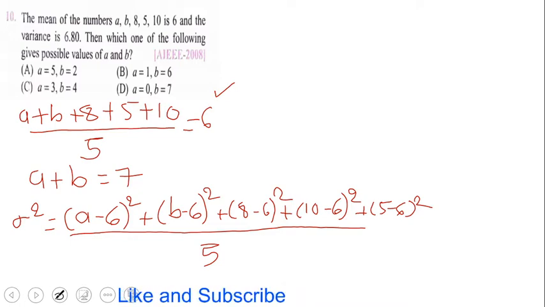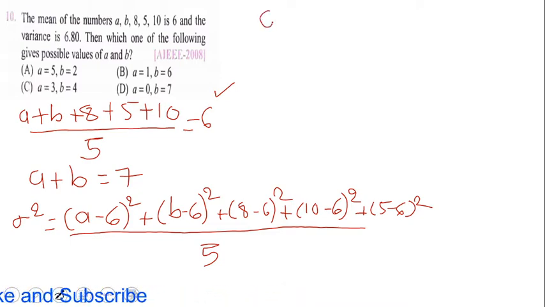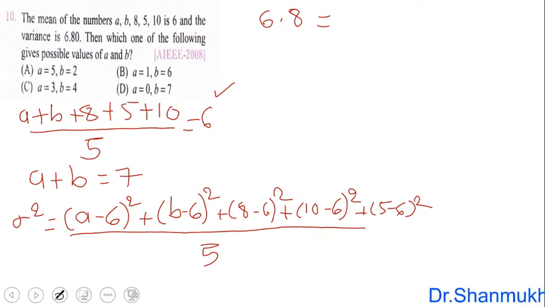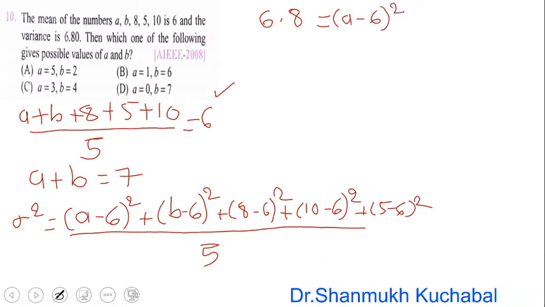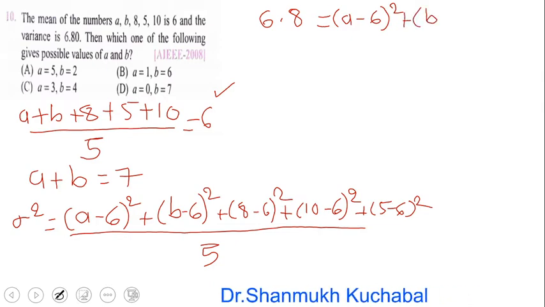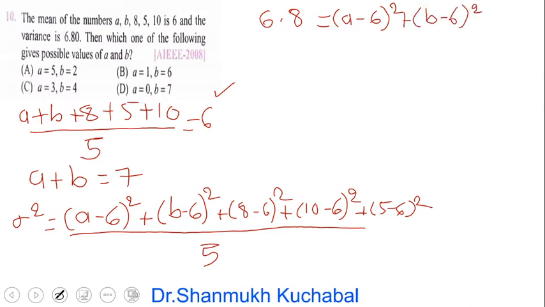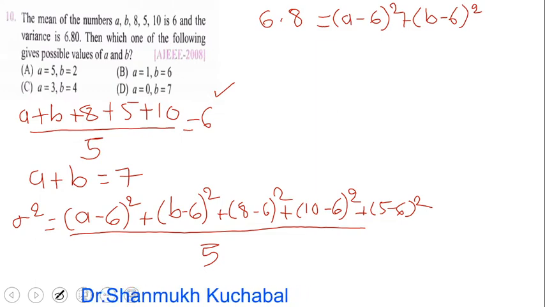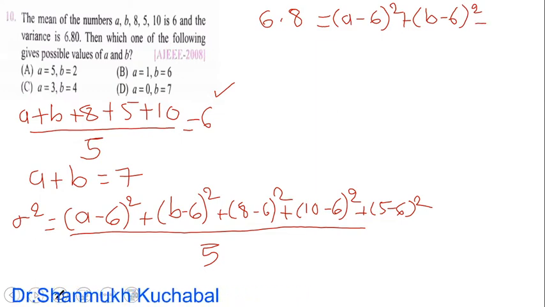So we know the sigma square value, that is the variance, it is 6.8. The rest we will write as it is. So a minus 6 square as it is, b minus 6 square as it is. Next we get 8 minus 6, 2 square is 4.